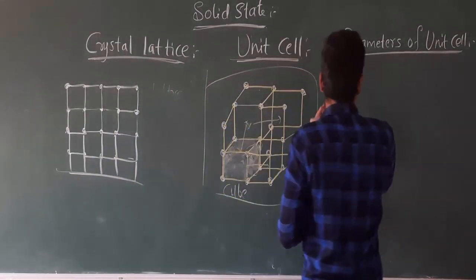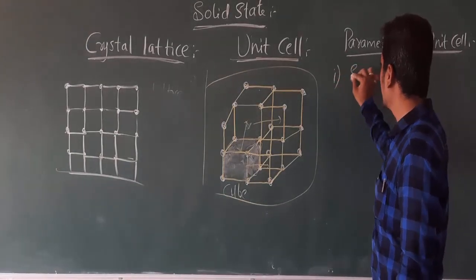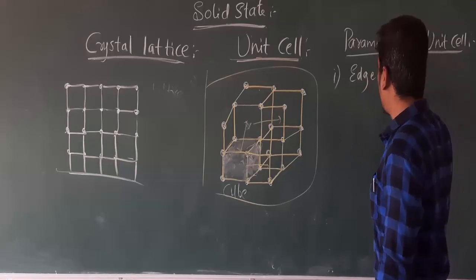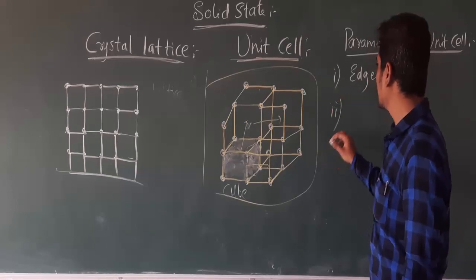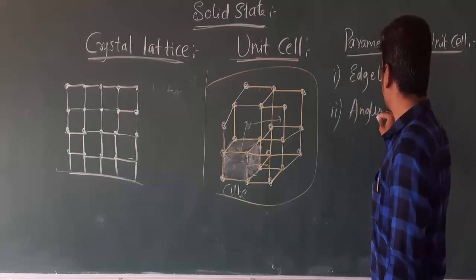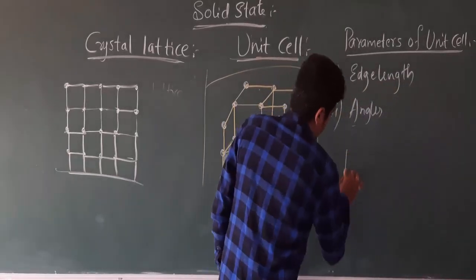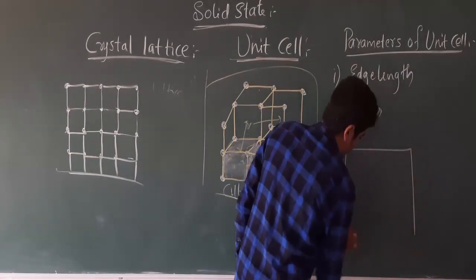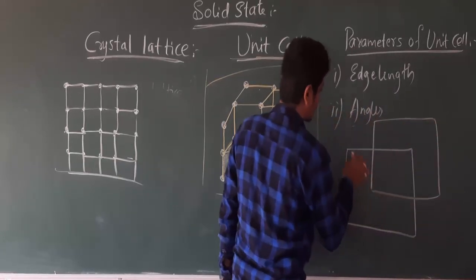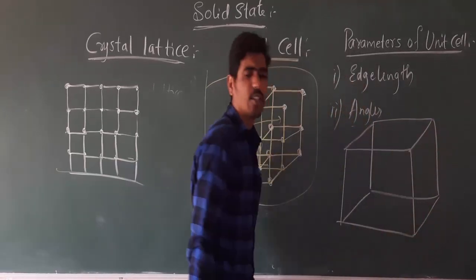And here the parameters of unit cells are characterized as edge lengths, and the second one is angles. So if I consider the unit cell, see here, I will take one unit cell, the cubic unit cell.